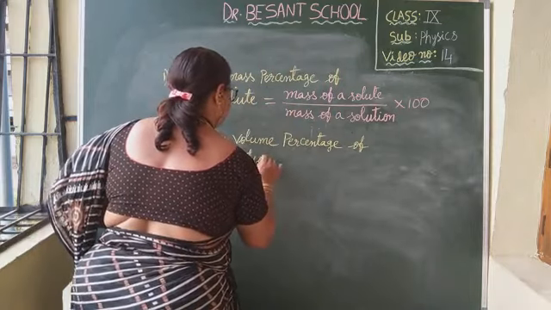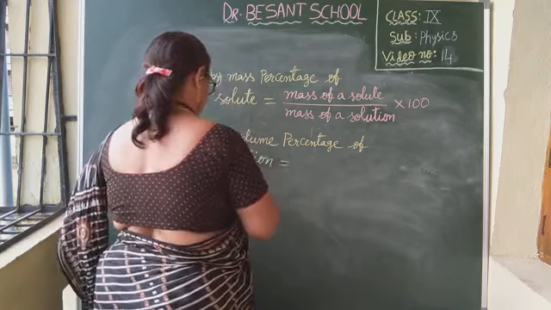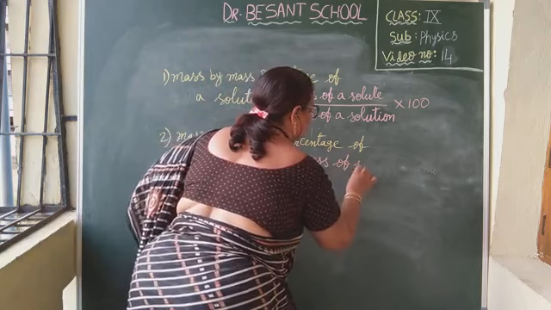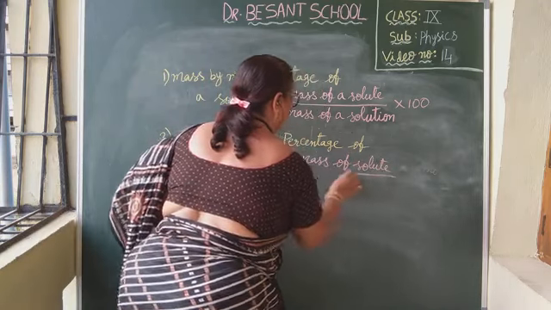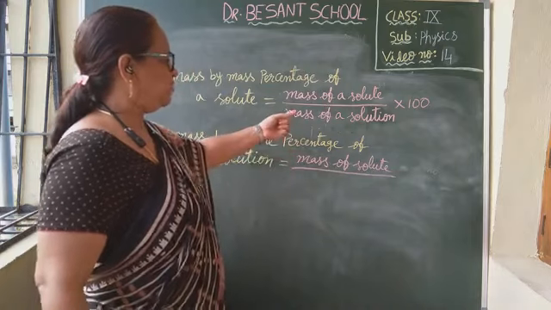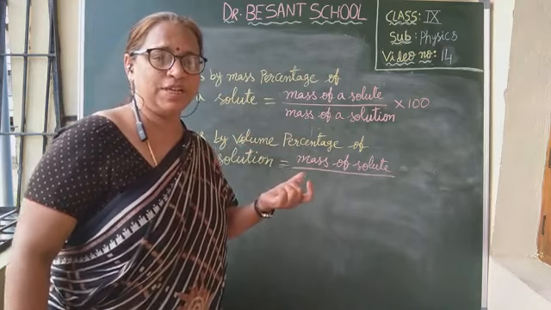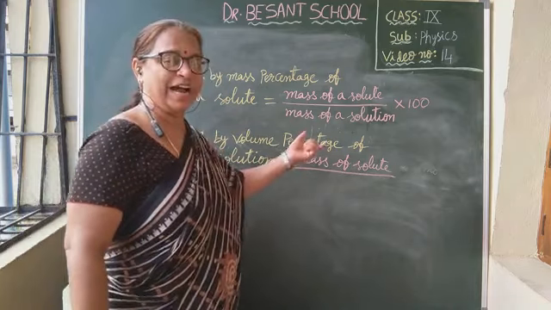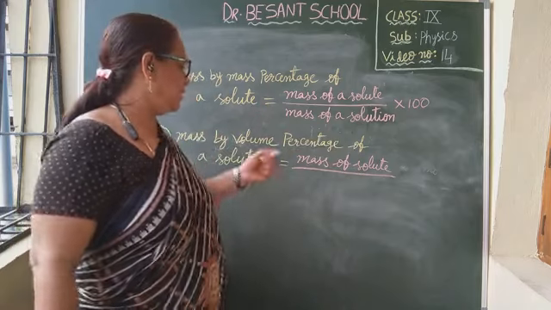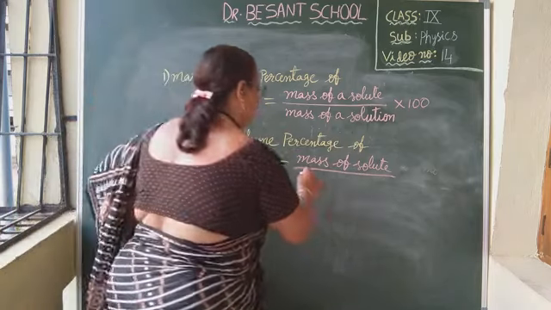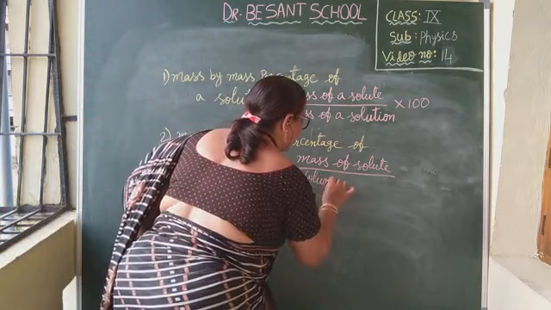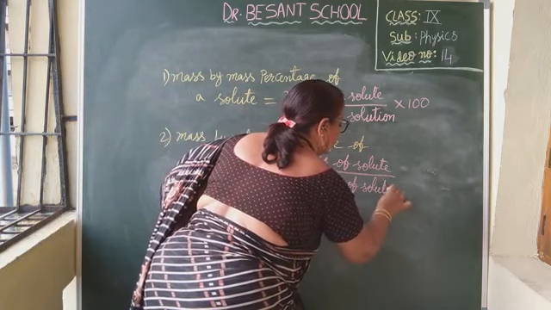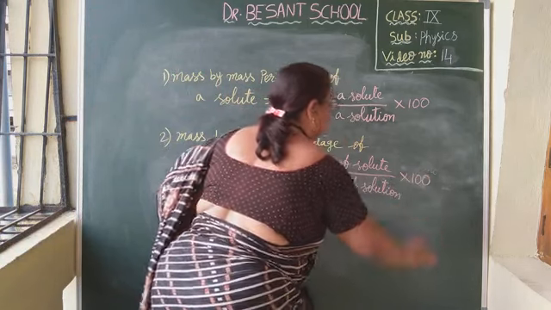Mass by volume percentage of a solution means, if the solution is considered in volume, how many grams of solute are in 100 ml of solution. Okay, then we will use this formula: mass of solute by volume of solution, into 100.